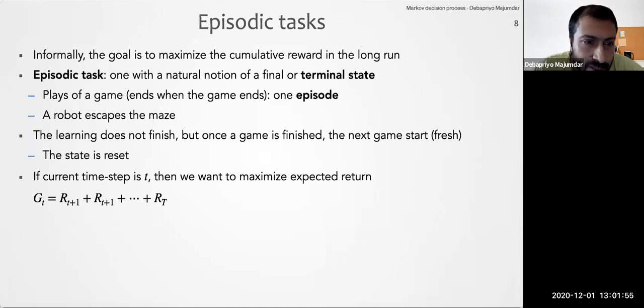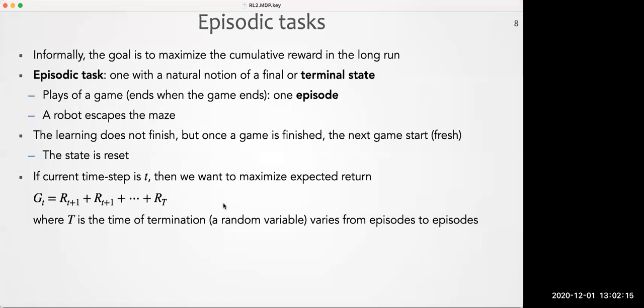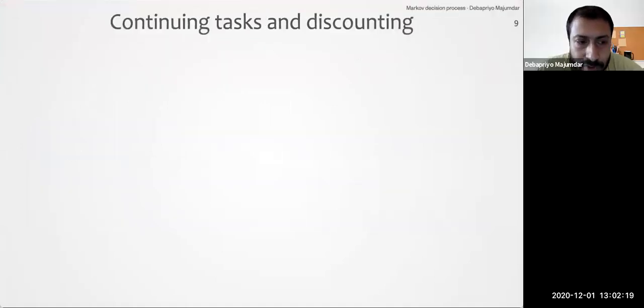So that is R_{t+1}, oh sorry, this should be R_{t+2}, I'll correct it later, plus dot dot dot R_T, where capital T is the time of termination, and it's actually a random variable, because sometimes capital T can be t itself, sometimes t plus 1, and sometimes it can be much larger. So that will vary from episode to episode.